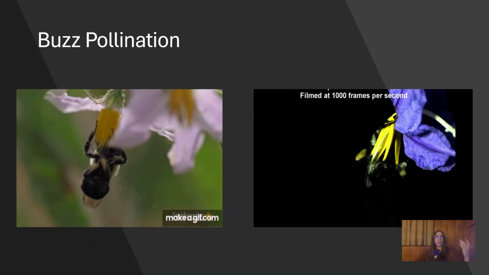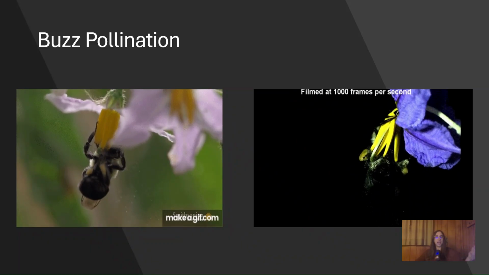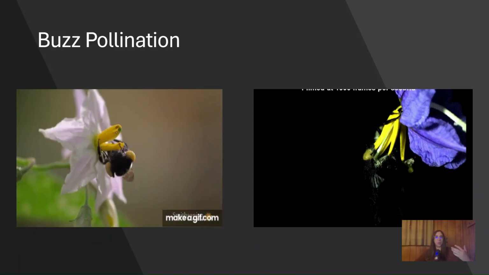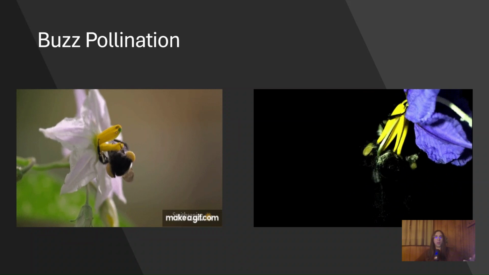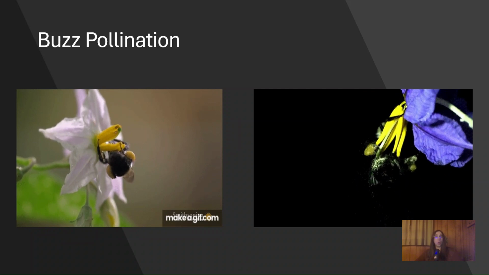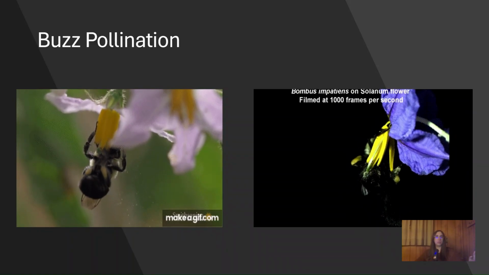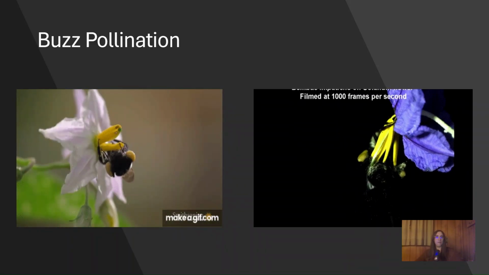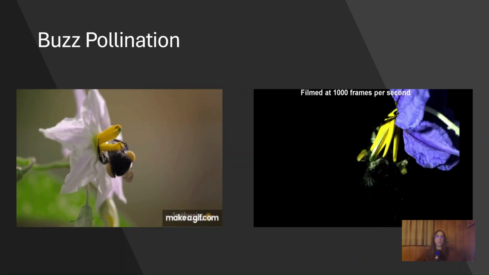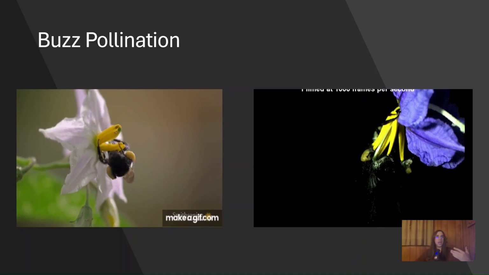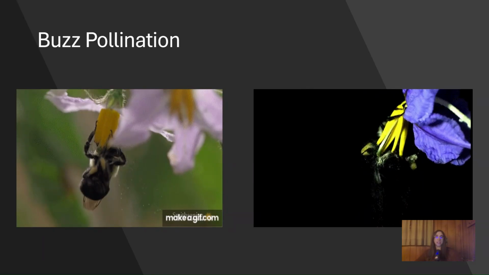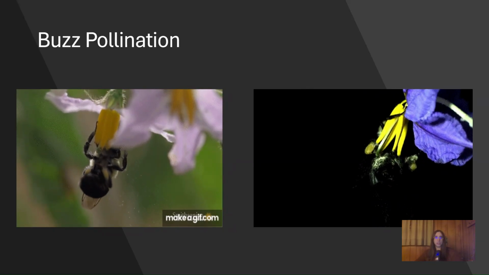These bees have adapted this to get pollen that's lodged in a flower and would otherwise be very difficult to get without destroying the flower itself. And again, it's just another adaptation that allows a bee to access resources that it otherwise wouldn't be able to.